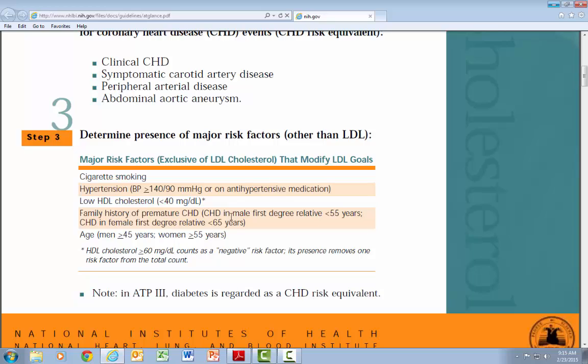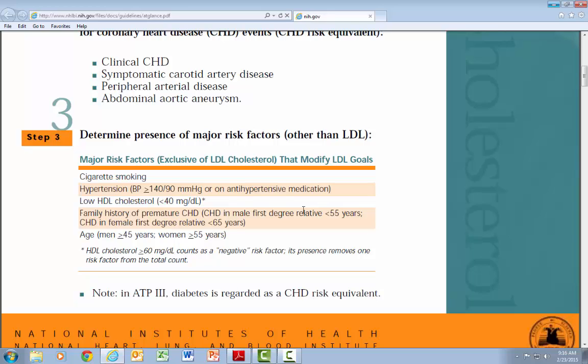If you have a low HDL value, which is very low, less than 40 milligrams per deciliter, if you have a family history of premature CHD, which is a first degree relative, male less than 55 years old, or a female less than 65 years old.